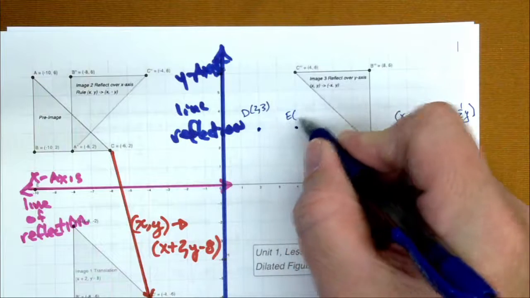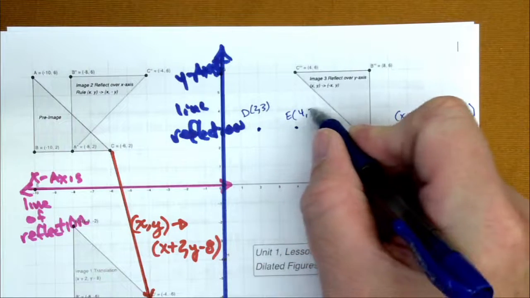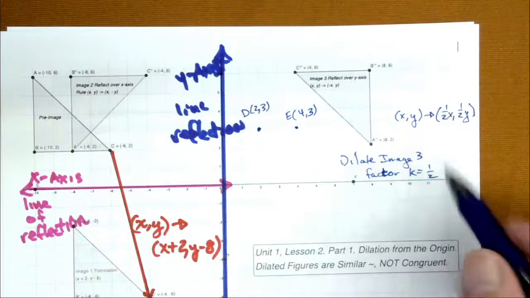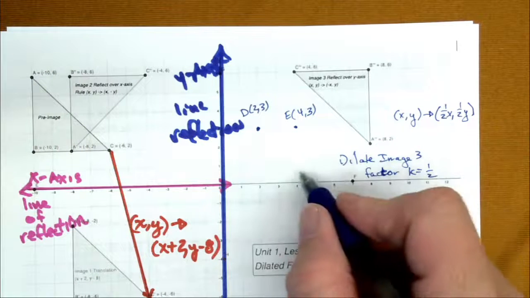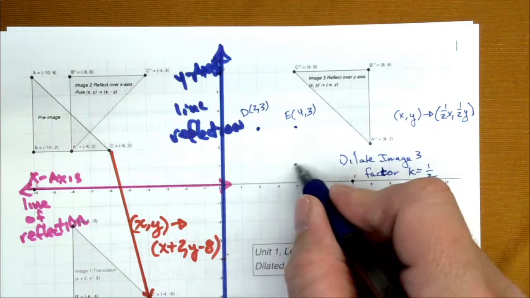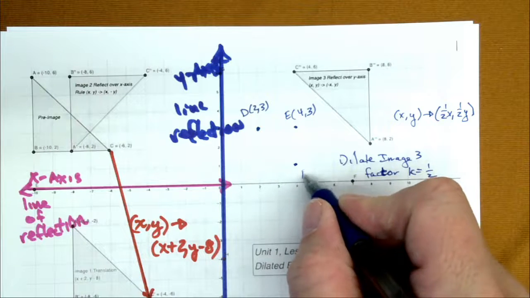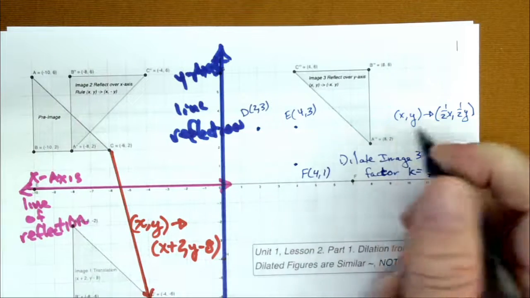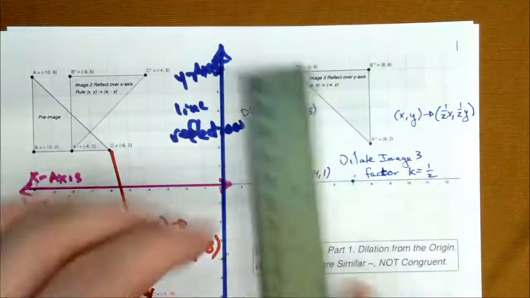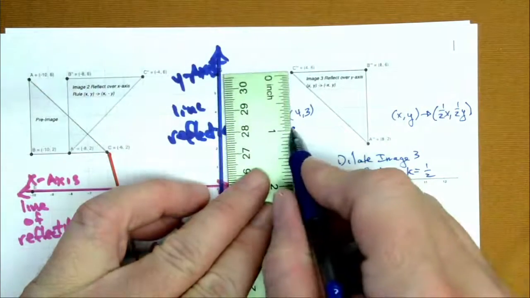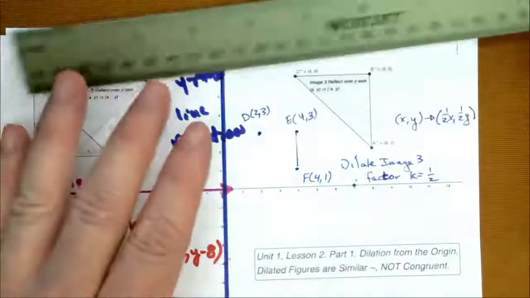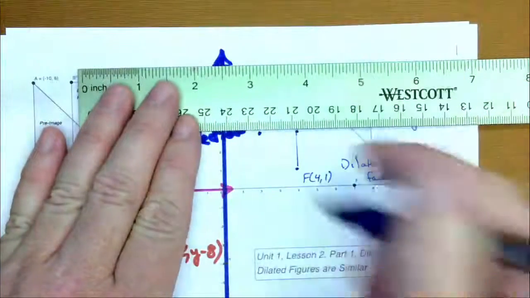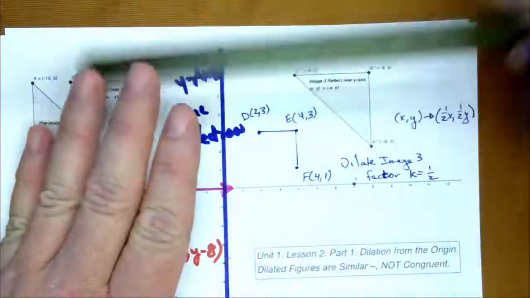We'll call that E. And then we'll go to F at 4, 1, because 1/2 of 8 is 4 and 1/2 of 2 is 1. Now we'll draw and connect the points, and you can see that the triangle has the same shape, but it's smaller. It's half the size of the original because our scale factor was 1/2.